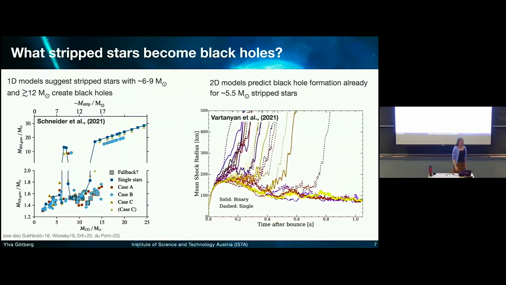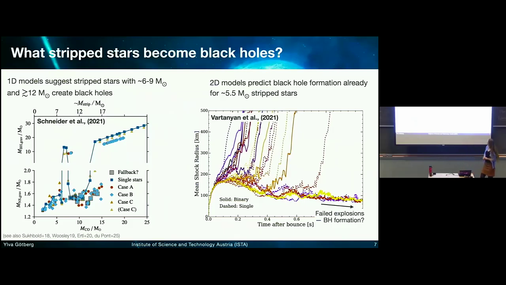With David Vartanian, we had a nice project where we make 2D models in 2021. And so here what David is showing is the time after the bounce during the core collapse. So we gave him a bunch of models. The solid lines are strip stars. And as the radius evolves, an exploding model would shoot up like that, while the failed supernovae maybe go like this.